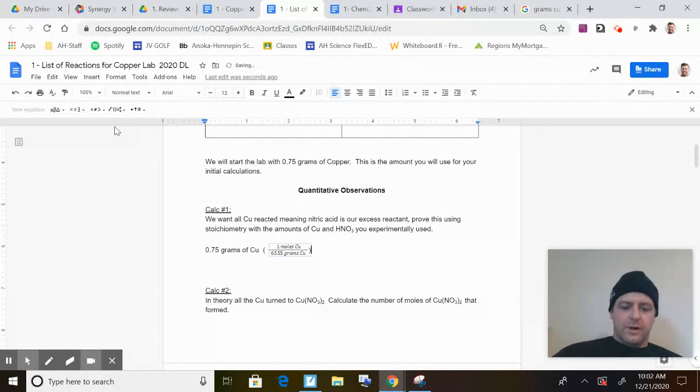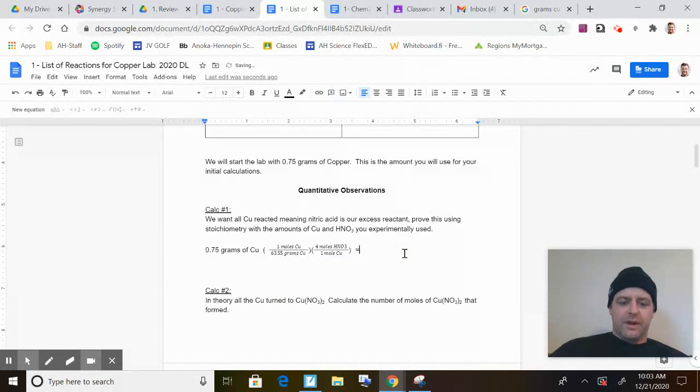Then I can get out of it. And then I can do another one. Insert, new equation, A over B. It was 4 moles of HNO3, and you can't do a subscript in here. Some of you might be able to figure it out. I can't remember how to do it. Over 1 mole of Cu. Okay. We close that bracket up. So there you go, and then you'll have your answer. So that's how you type it nicely in there.